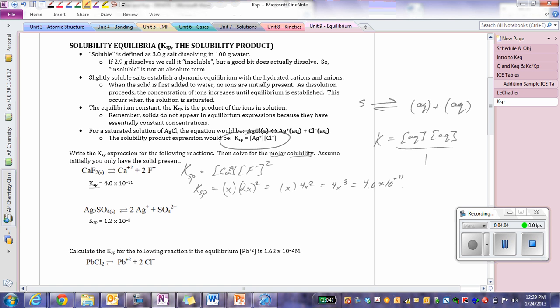In this case, we'll just crank that out real quick. Cube root, second answer. So X is equal to 2.15 times 10 to the negative 4.